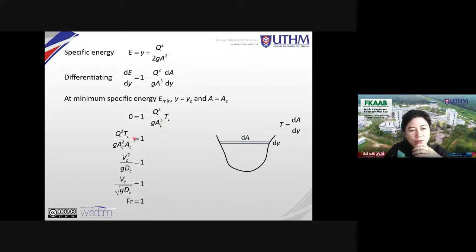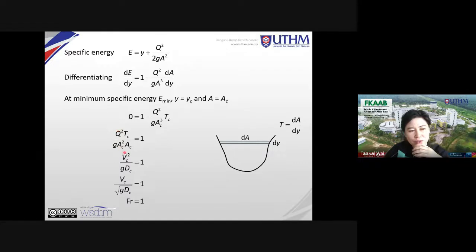So therefore, rearranging this expression here, I have this. Now here's the thing. We know that V is equal to Q divided by A. From the mass conservation, we know that Q is equal to AV, right? So V is equal to Q over A. So this, Q squared over A squared, initially it was A to the cubic power, but I'm going to change this to V squared.